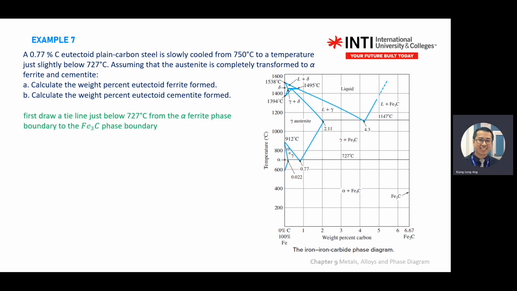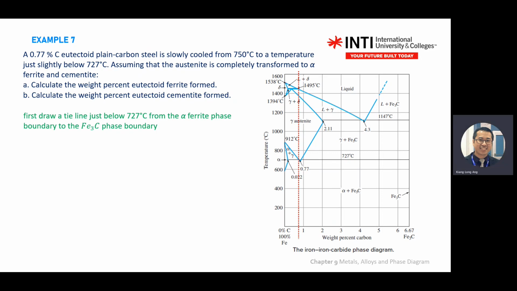So you identify the area first. The question gives you a few pieces of information. Use the information, draw the lines on the graph. So you have 727. You have 0.77%, which is roughly here. As you can see, the first step is always to draw the vertical line from the weight percentage carbon, the target percentage in the question.